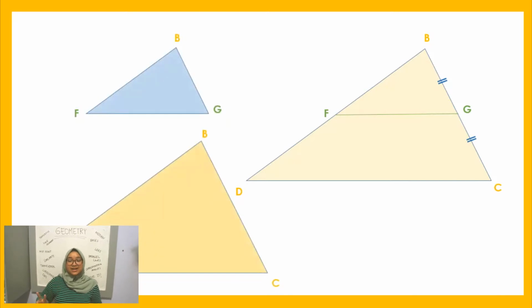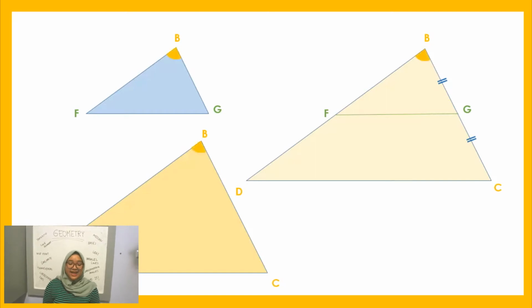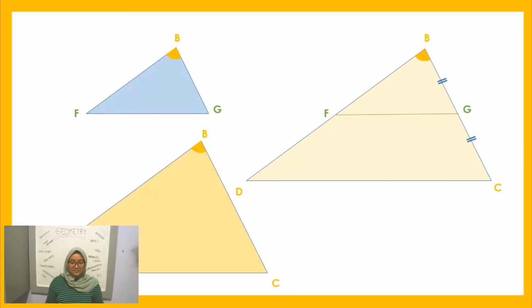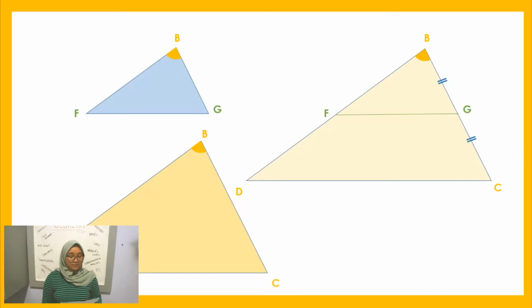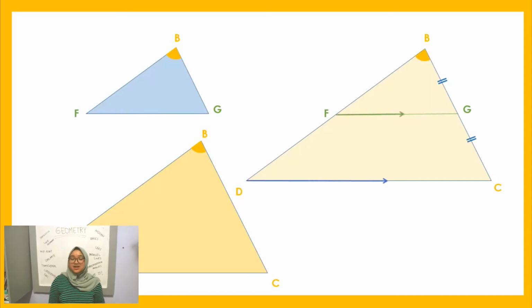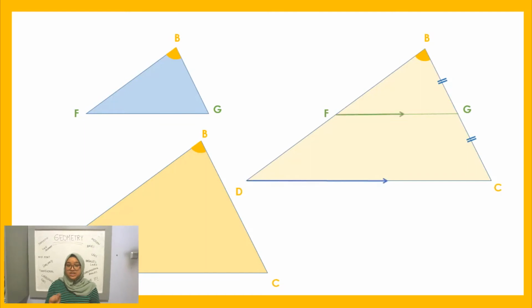These two triangles have one angle in common, which is the FBG angle and the DBC angle. Yes, it's called the identity, which makes the angles congruent to each other. There is also a theorem that says the median of a trapezoid is parallel to each base. So here, FG will be parallel to DC.